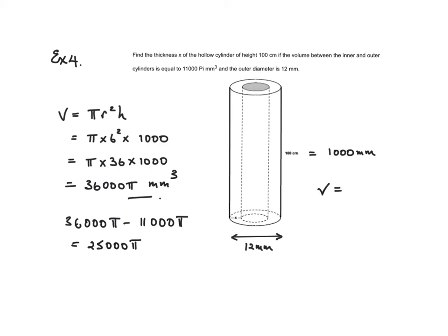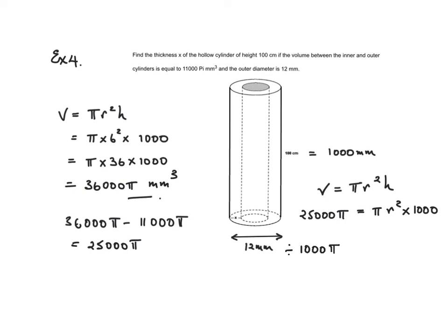of the hollow cylinder. So we really want to work out the radius of the hollow cylinder. So volume equals pi r squared h, 25,000 pi times r squared times, the height is 1000. If I divide both sides by 1000 pi, that will simplify things considerably.